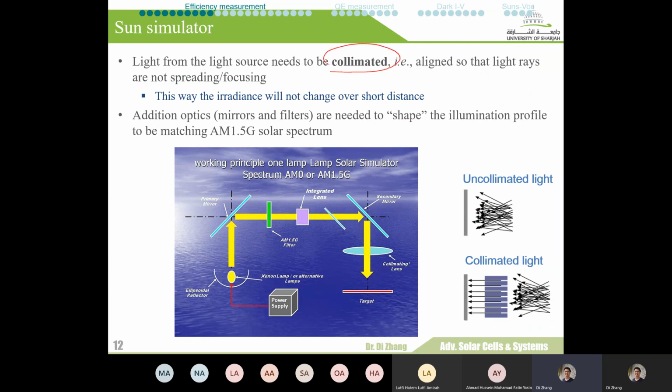We need to collimate the light so that the light after the lenses goes in parallel with each other, and then you have a very uniform incidence. And as we mentioned before, typically we also need to use the AM filter to correct the light spectrum from the lamp.